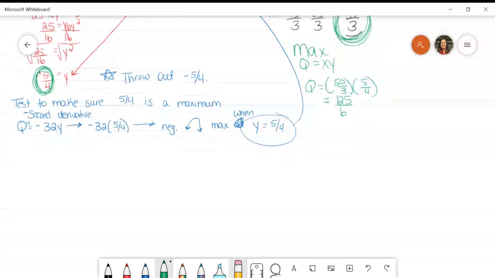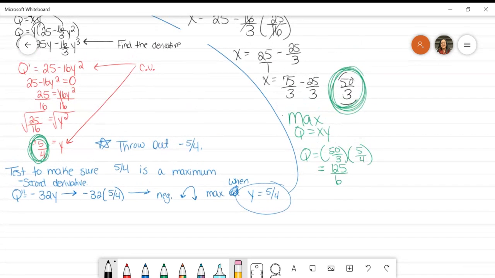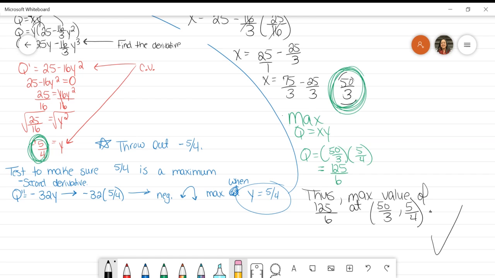So the way I would write that, let's sum this up and write it very neat, nice, and in order. So what I have down is that thus we have a maximum value of 125/6 at 50 thirds and 5/4. And that, my friends, is it.